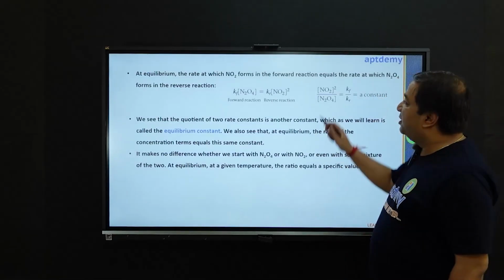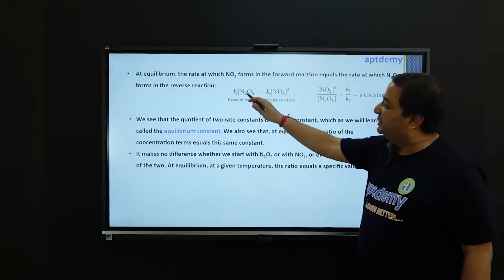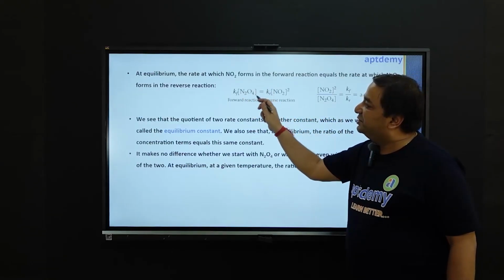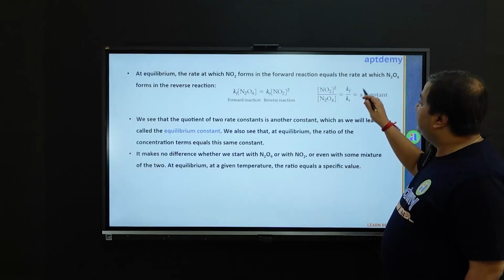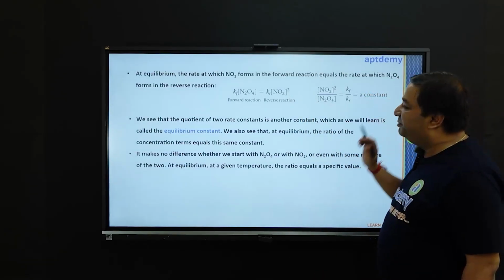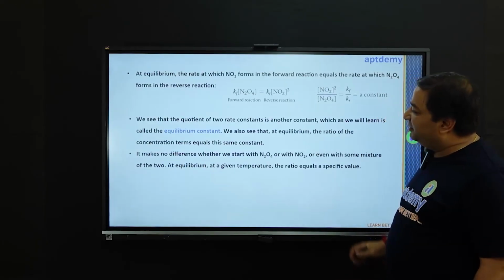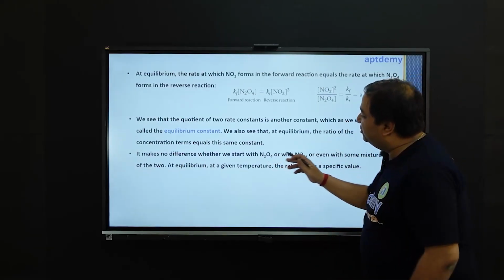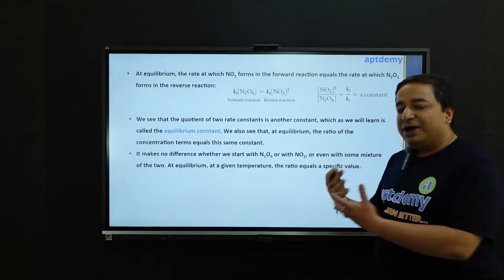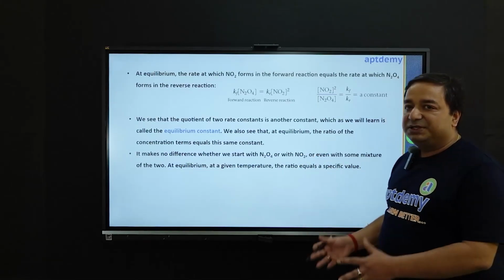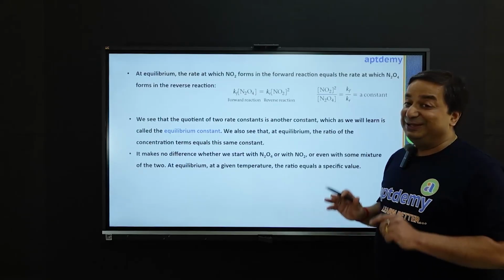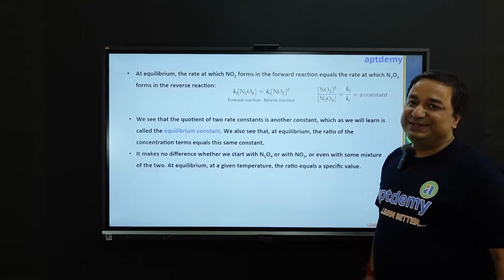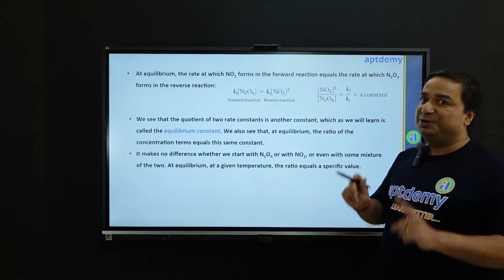So if you observe the dissociation of N2O4 at a particular temperature, and at that temperature we achieve the equilibrium constant, and we take two mixtures of N2O4 or NO2 and allow them to react and reach equilibrium at that same temperature, the equilibrium constant for both the reactions will be the same at that particular temperature.